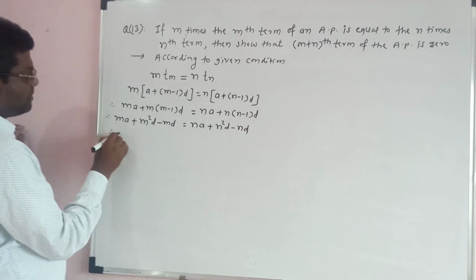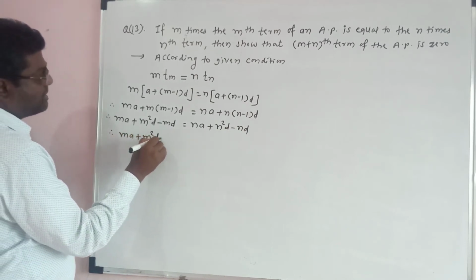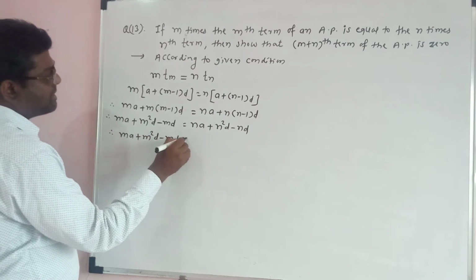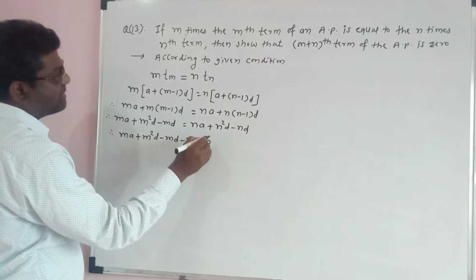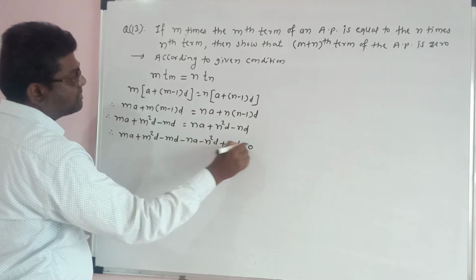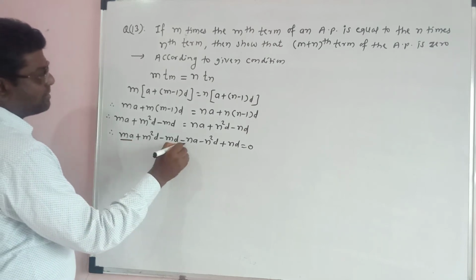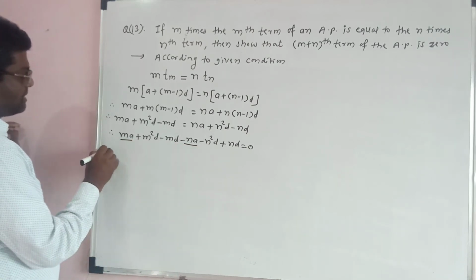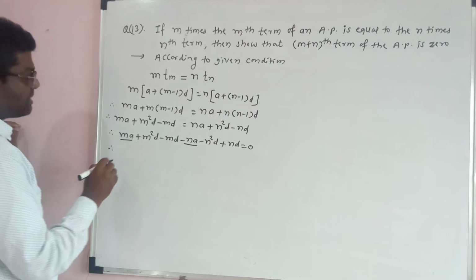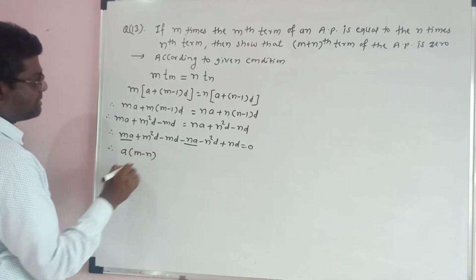Therefore ma plus m square d minus md minus na minus n square d plus nd is equal to 0. Now take common a from these two terms, that will be a in bracket m minus n.